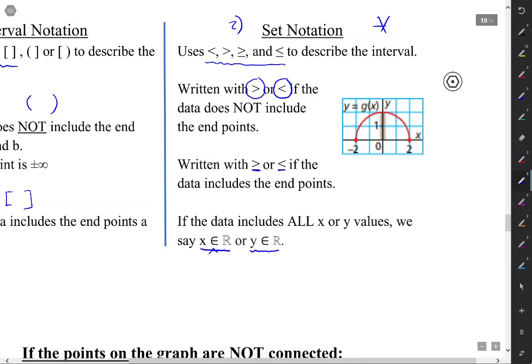So we use this symbol, and it reads out loud as x is an element of the real numbers. And if you were to write that down on your paper, you would do X, and then I kind of do a curved E like that, and then the R to represent real numbers, do two sticks like that, and then finish off the R like that. So that says X is an element of the real numbers, or Y is an element of the real numbers.